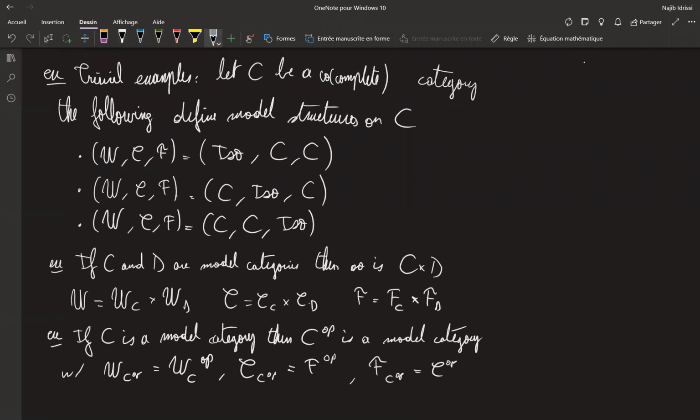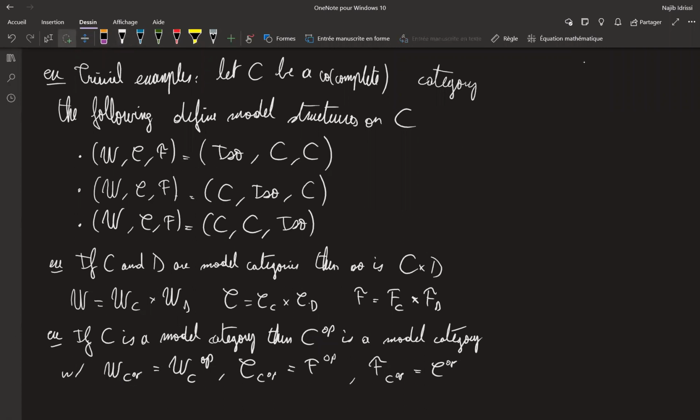Let me also make a small remark. As you see here, I'm making a slight abuse of notation, like I write W_C^op as if it made sense to talk about the weak equivalences of C^op, right? This is additional data that you put on your category. For a given category, there can exist many possible W_C^op.